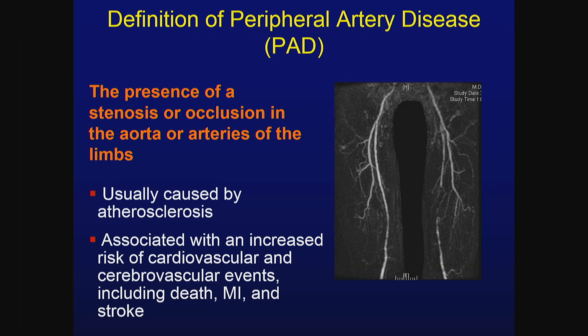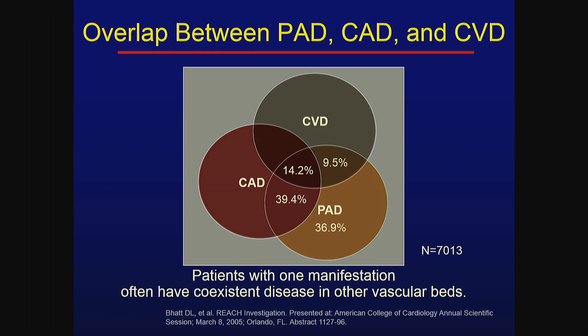Of course, because atherosclerosis is a systemic disease, peripheral artery disease is associated with an increased risk of cardiovascular and cerebrovascular events, including death, myocardial infarction, and stroke. And this is because there's a significant overlap between peripheral artery disease, coronary artery disease, and cerebrovascular disease, as you can see on this Venn diagram.